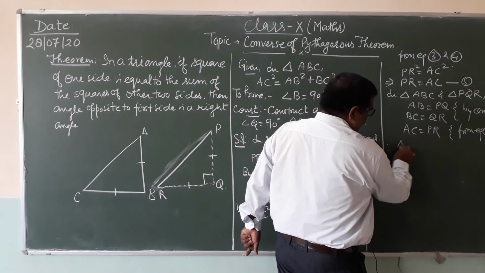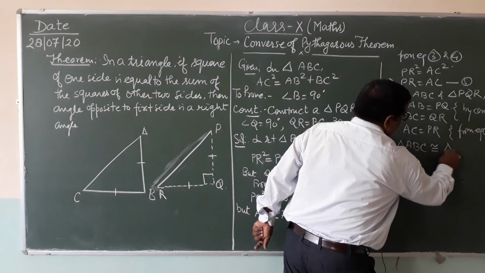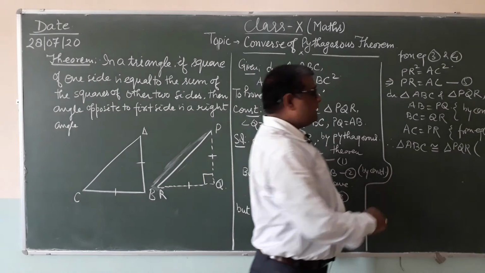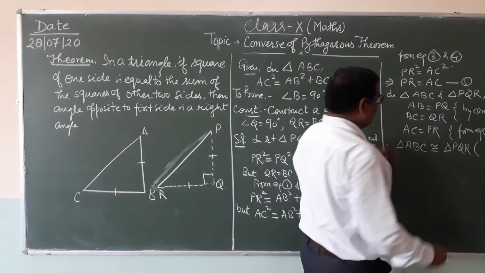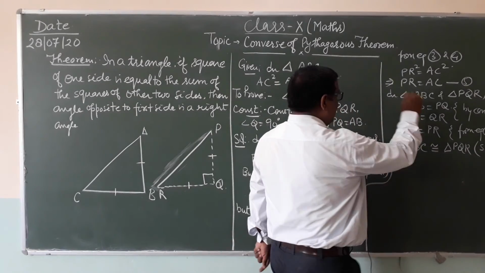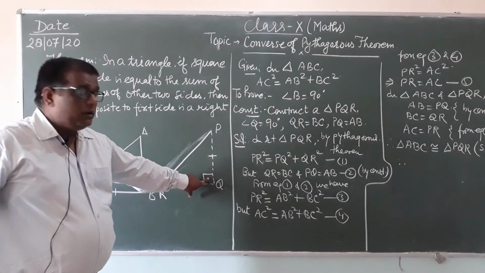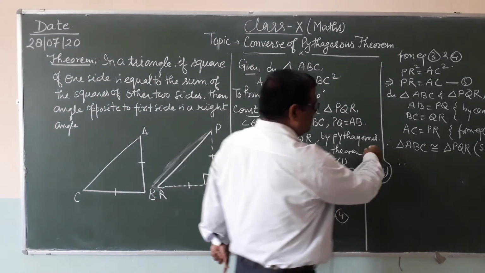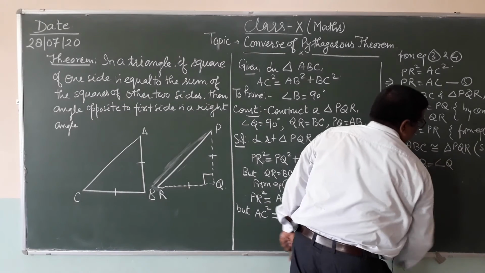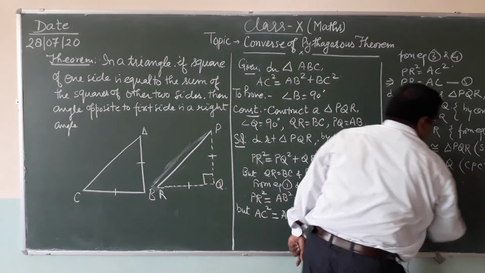Therefore triangle ABC is congruent to triangle PQR by which criteria? By side, side, side. Therefore angle B is equal to angle Q by CPCT.